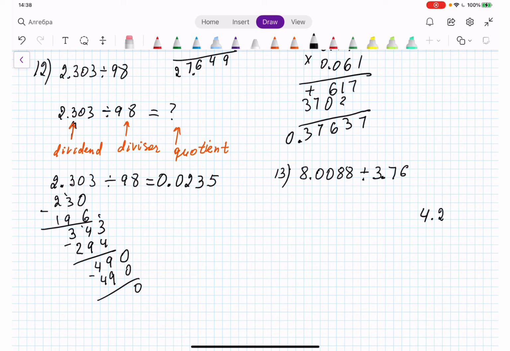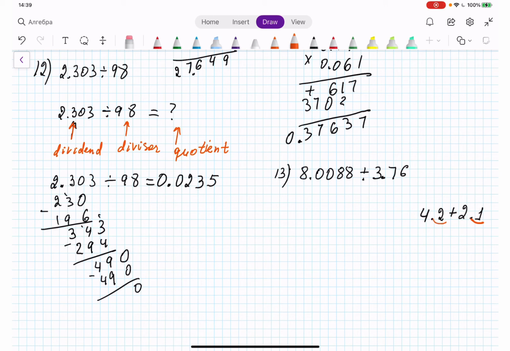4.2, I divide by, let's say, 2.1. Okay, since I can't have decimal notation here, I'm moving both numbers by 1 decimal position to the right. Every time you move by 1 decimal position to the right, you multiply by 10.